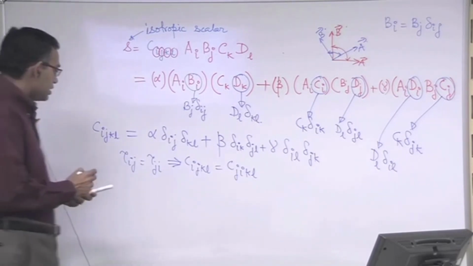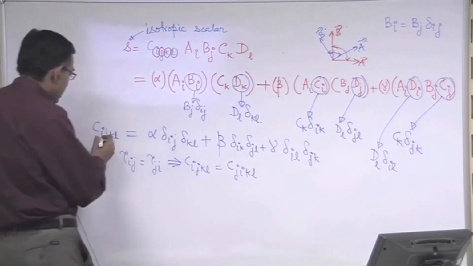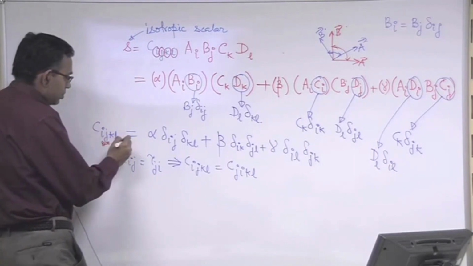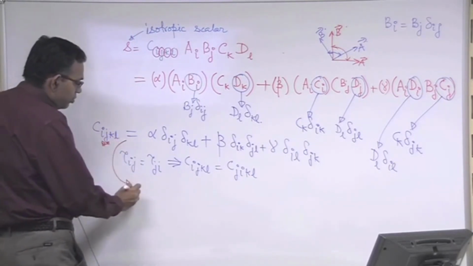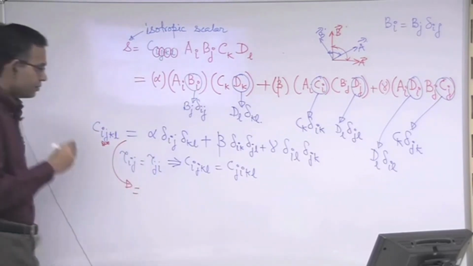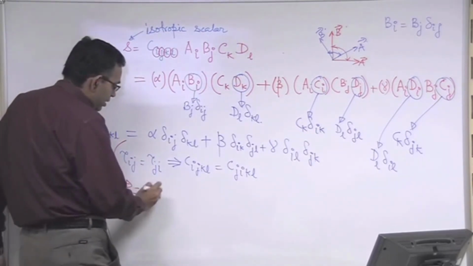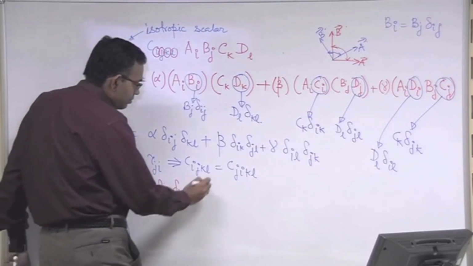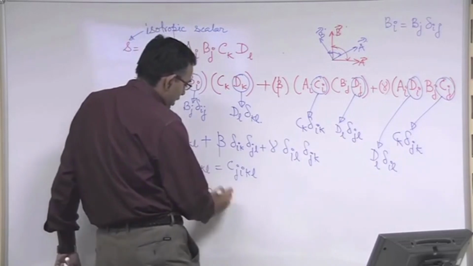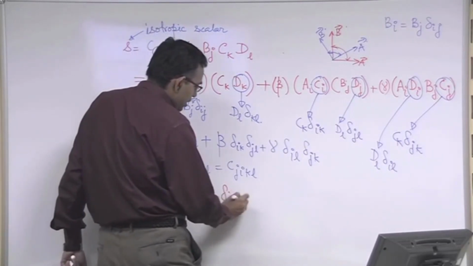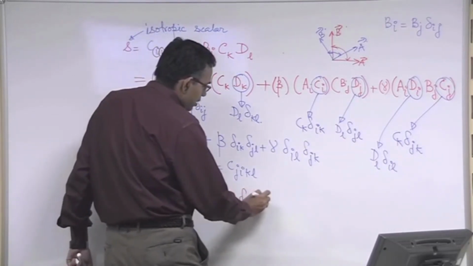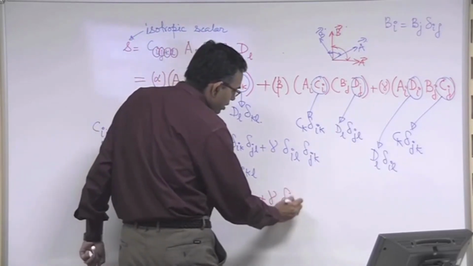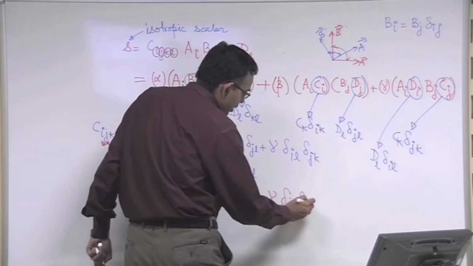So in this equation if you swap i and j, that should be the same. So swapping i and j, alpha delta ji delta kl plus beta delta jk delta il plus gamma delta jl delta ik.